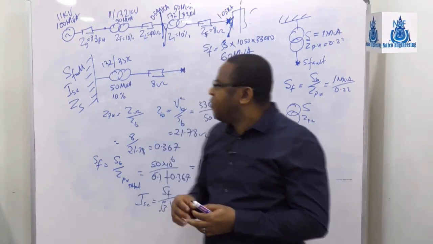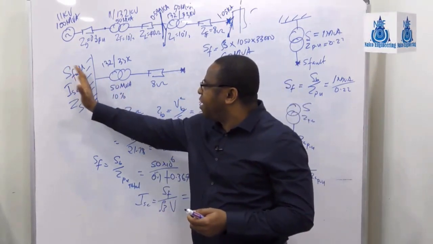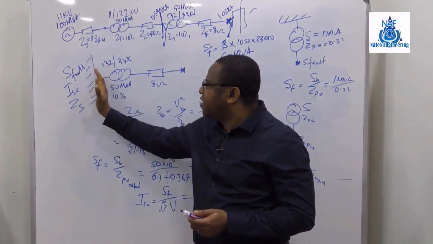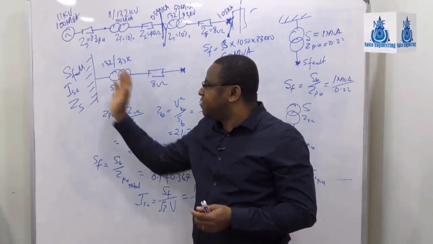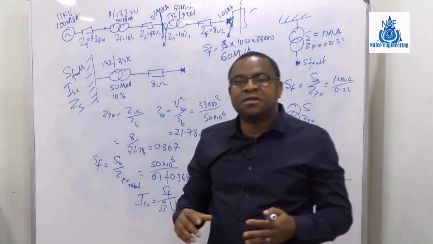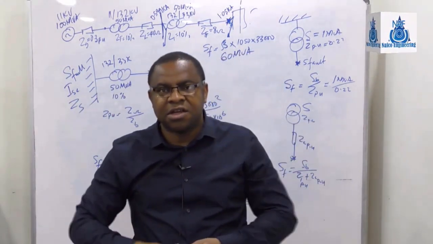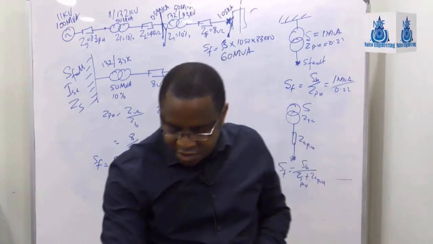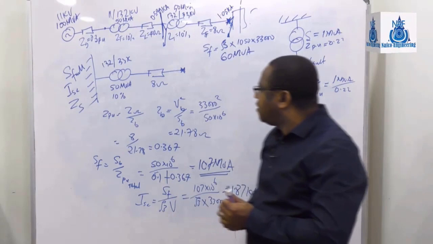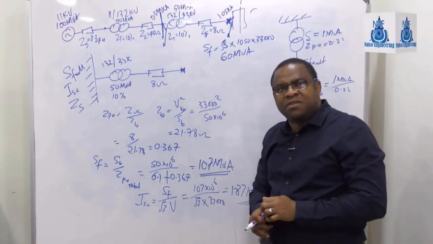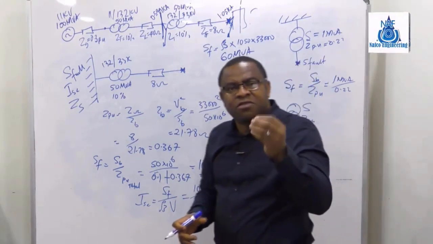Okay? And when we talk about infinite bus bar, we are saying that we are assuming that the ZS upstream impedance is negligible, is zero, is infinitesimal. Okay?